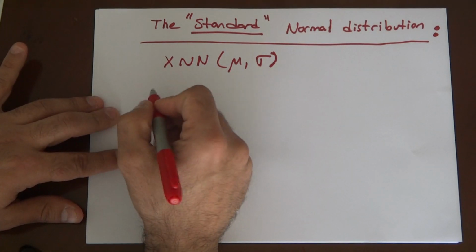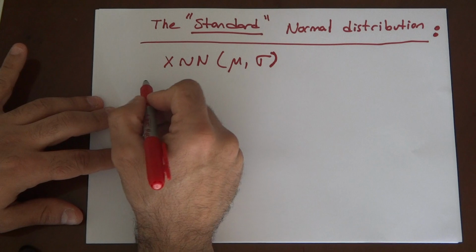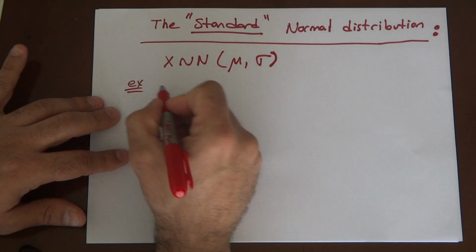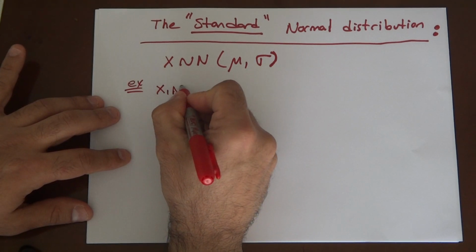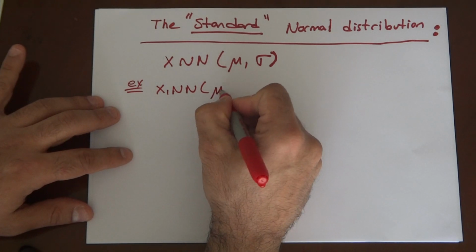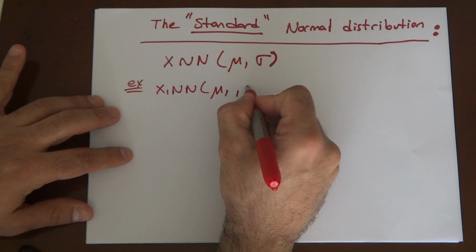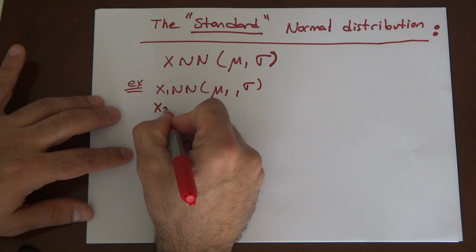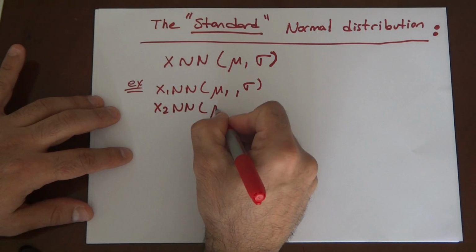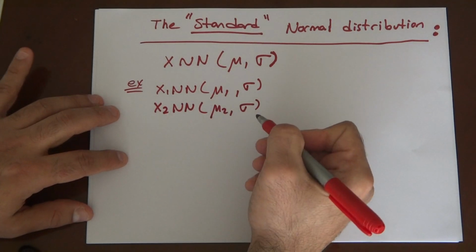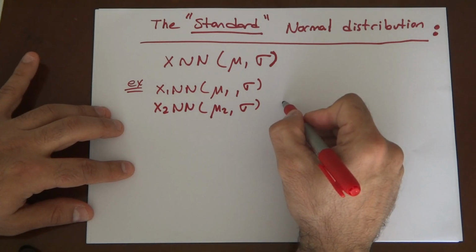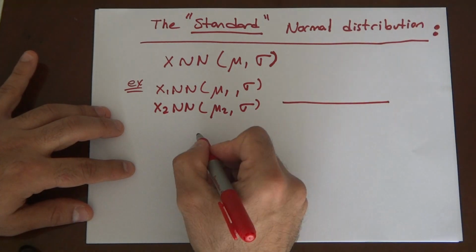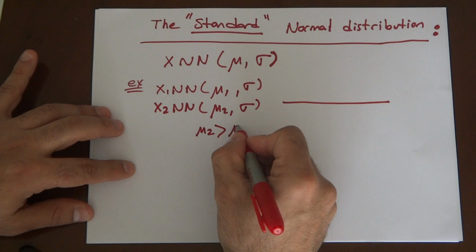For example, let's assume we have two normal distributions. The first one has mu1 and a given sigma, and X2 is distributed normally with mu2 and a fixed sigma. Let's assume mu2 is greater than mu1.